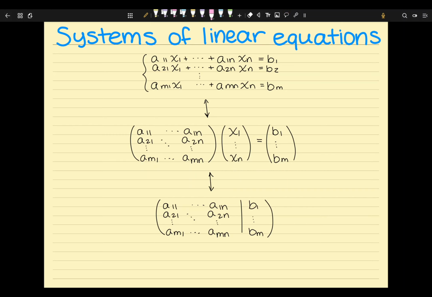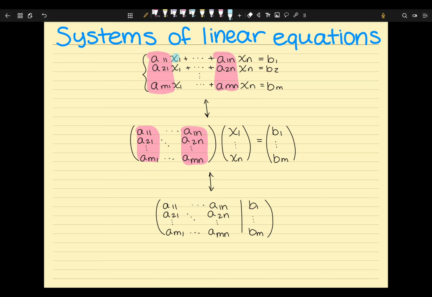If you stare at a system of equations for long enough, you go, hang on, that kind of looks like a matrix. These constants here, you can put into a column of a matrix, and these constants here, you can put into a column of a matrix. All of these additions look like matrix vector multiplication.